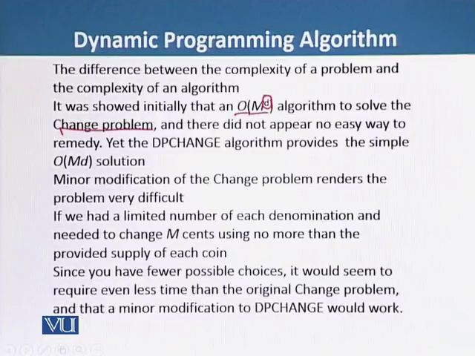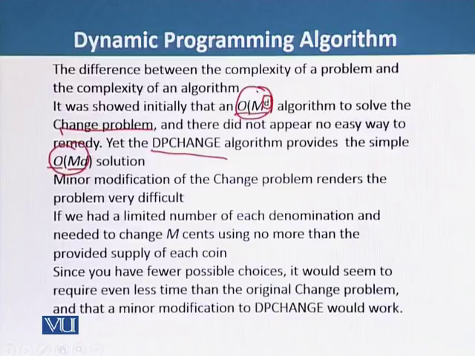There appeared to be no easy remedy. But the dynamic programming change algorithm provides an even simpler method, and its running time is big O of m times d. So by slightly modifying the change problem we render the problem very different. There is a very slight change, but the running time is much different.